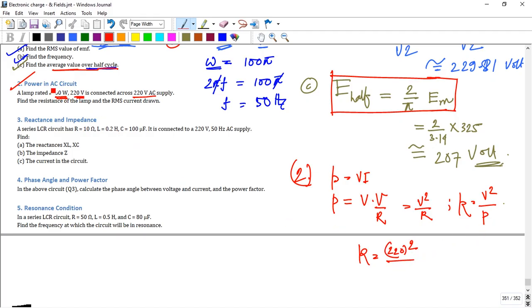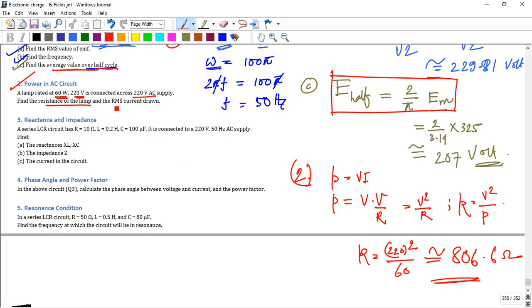Power is 60 watt. So if I solve this with the help of calculator, you get approximate value of 806.6 ohm. Okay, that's the resistance of the lamp.